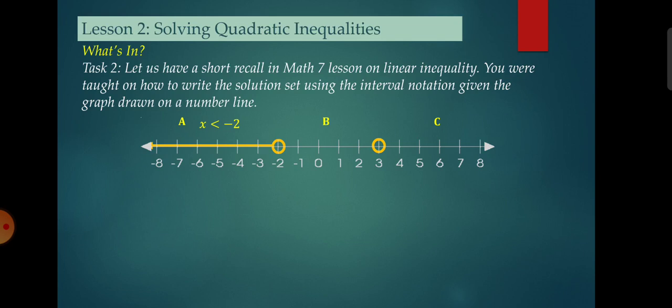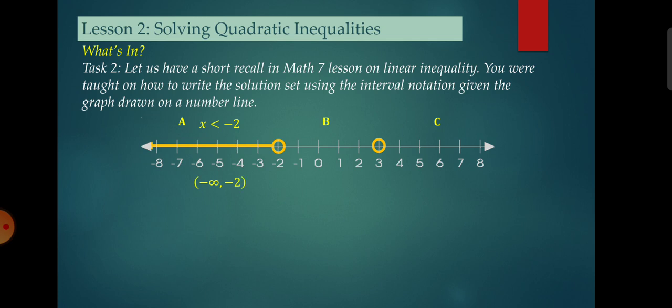If greater than negative 2, we go to the right. The graph goes to the left, so therefore, the values of x are less than negative 2. Negative 3, negative 4, negative 5, negative 6, and so on. They are smaller than negative 2. That's why the expression written beside A is x is less than negative 2.